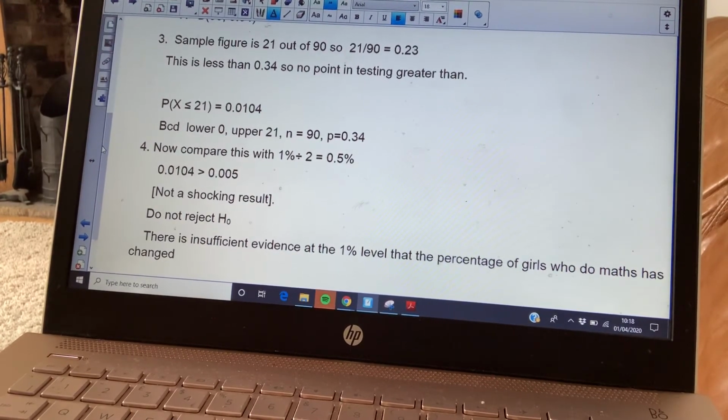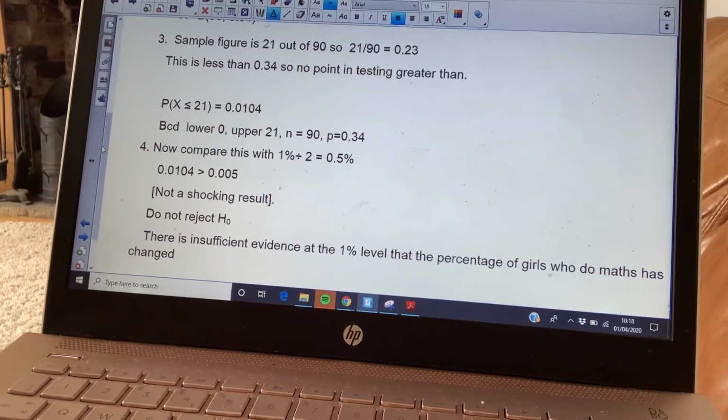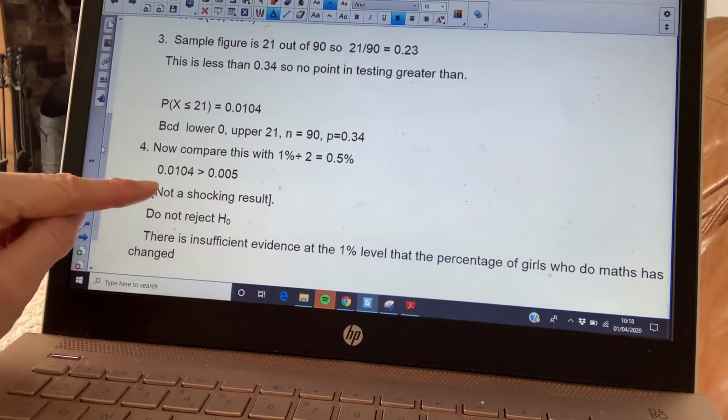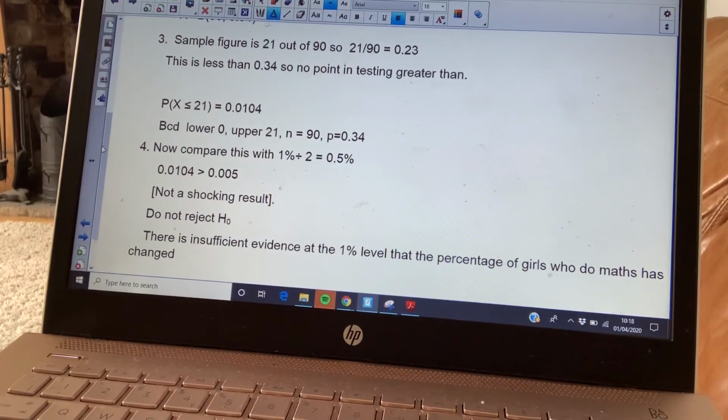You're now going to compare this with your 1% significance level, but it's two-tailed, so you have to halve 1%, which makes it a very tiny 0.5%. You can see that 0.0104 is greater than 0.005.